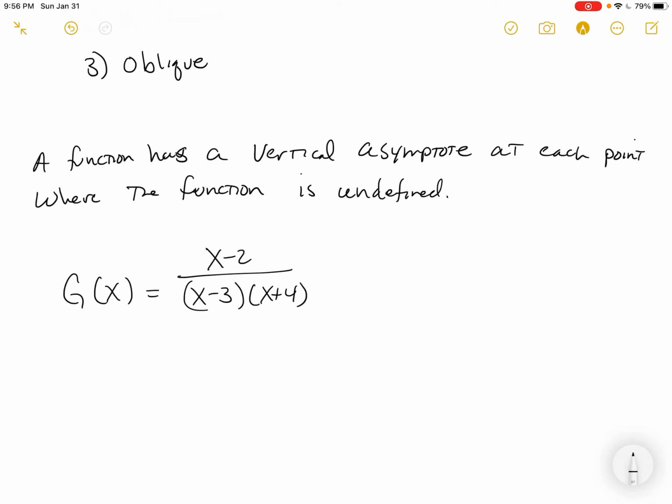So it's everything but negative 4 and 3. That's the domain. This thing has vertical asymptotes because there are points at which the function's undefined. So this one has vertical asymptotes at x equals 3 and x equals negative 4.